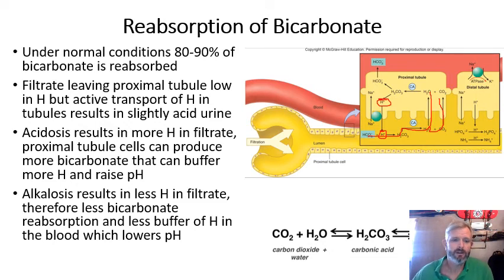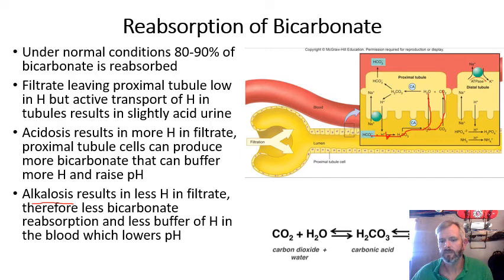What happens with alkalosis? Alkalosis would be the opposite. There would be lower levels of protons out here. Lower levels of protons means there's less to convert to CO2 and H2O.